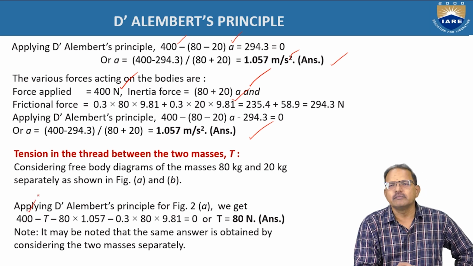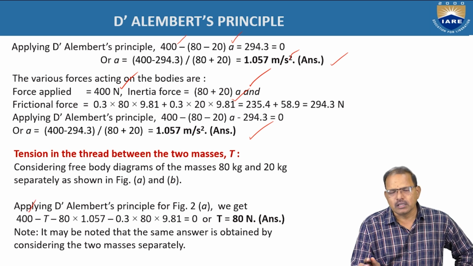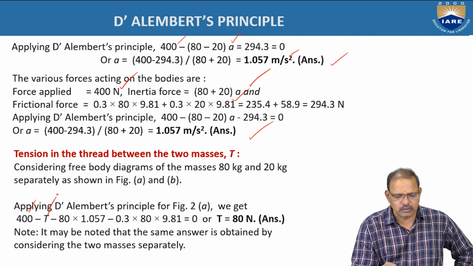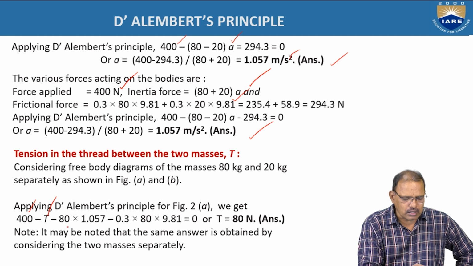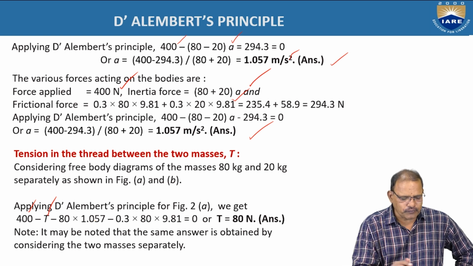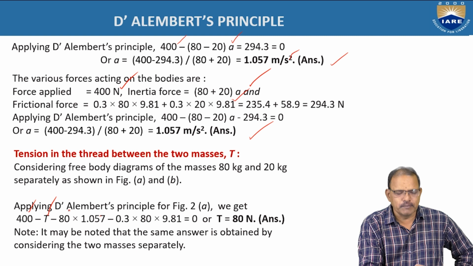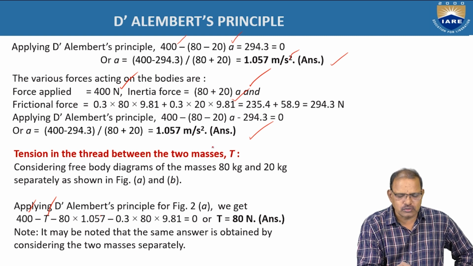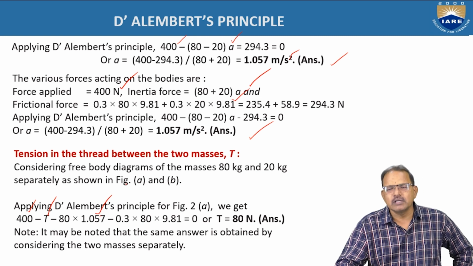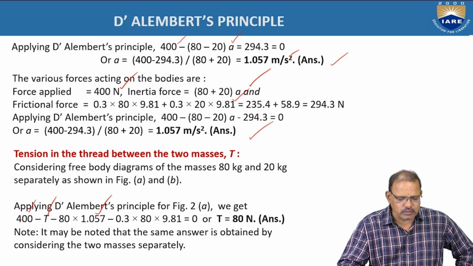The 400 is the force applied toward the right hand side, positive. Tension is always negative for the second one. Since the body is moving toward the right hand side, the inertia force is equal to M into A, where M is the mass 80 and A is equal to 1.057. The friction force always acts in the opposite direction to that in which the body tends to move.